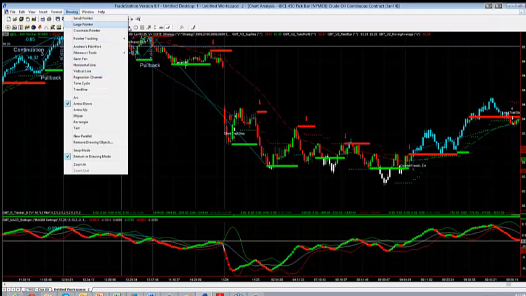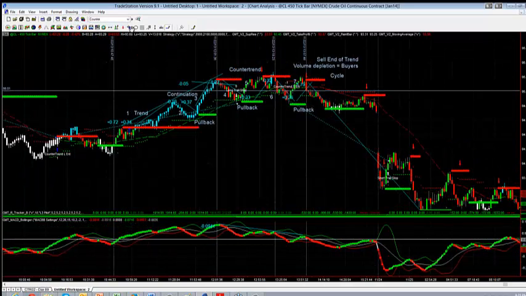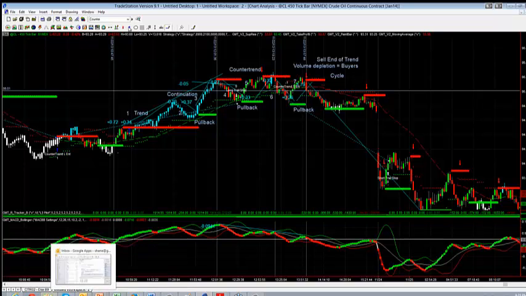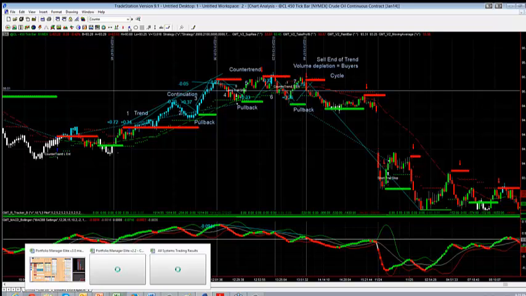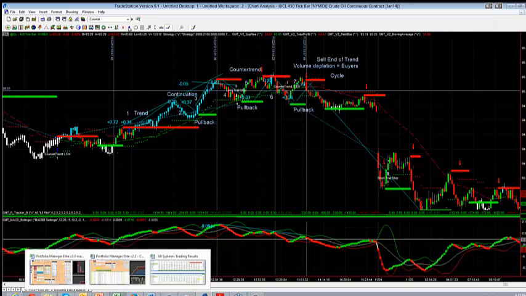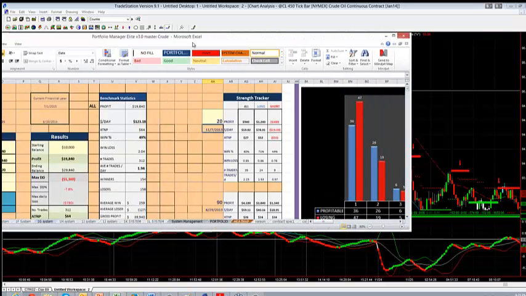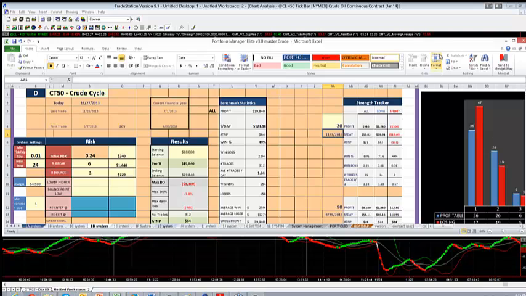But one thing I wanted to say here is that what I've done is, based on what we know with this strategy, I've started putting together the trend in this crude strategy based on this methodology. So I've grabbed a number of crude strategies and I've started loading them into this crude PME spreadsheet.